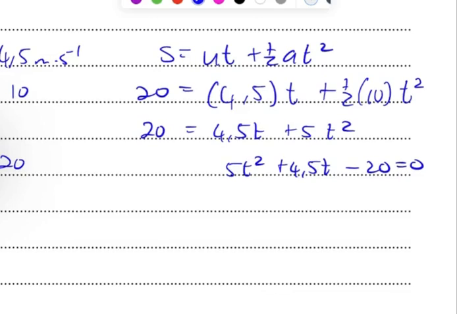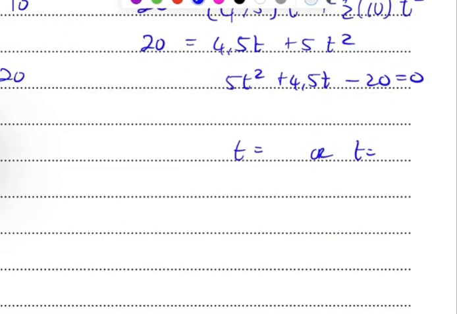You could put this in the quadratic formula, and you will get 2 answers for t. Our first answer is 1.6, and our other answer is going to be negative, and we're not looking at that one because we don't look at negative time.